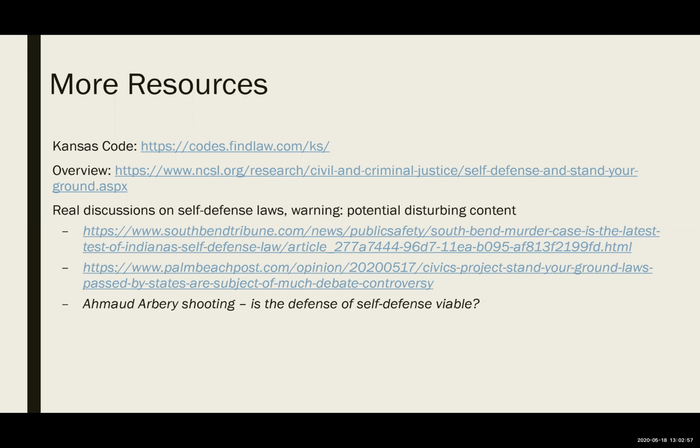So the first one here is a murder case in Indiana, challenging their self-defense law and what is constituted as self-defense. The second bullet point here is a summary of the long-standing controversy between duty to retreat and stand your ground.